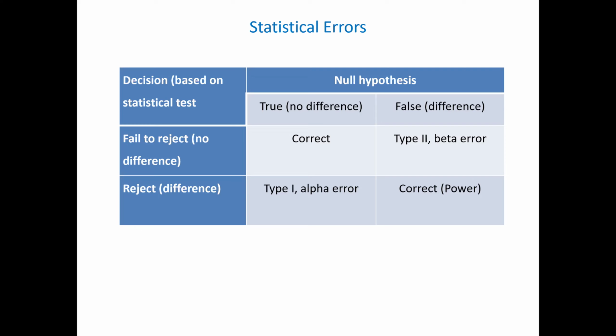Some people use a mnemonic to remember. Rejecting, true: type 1 error. Not rejecting, false: type 2. Rejecting, true, means rejecting the null hypothesis when it is true, type 1 error. Not rejecting, false, means not rejecting the null hypothesis when it is false. Does it make sense?